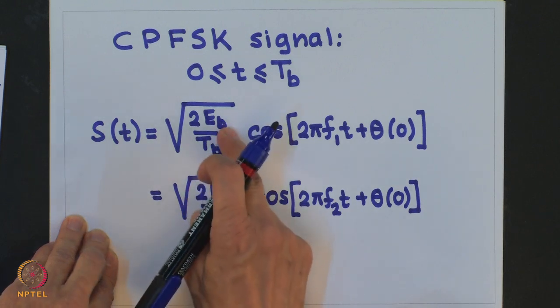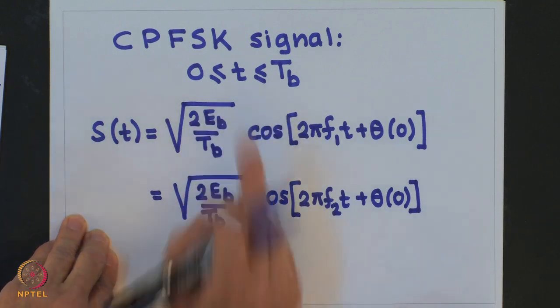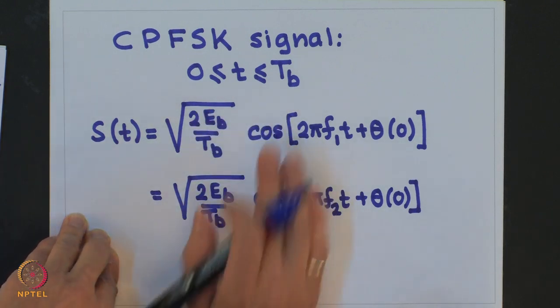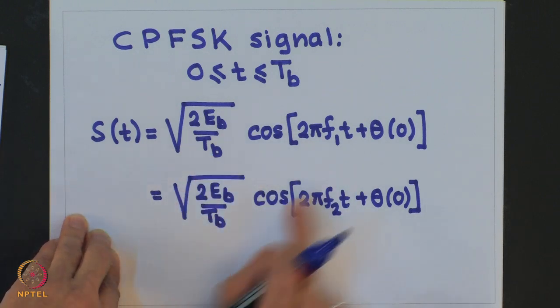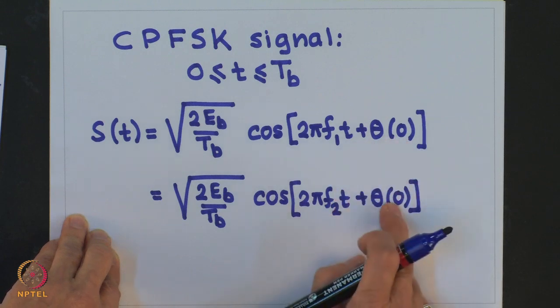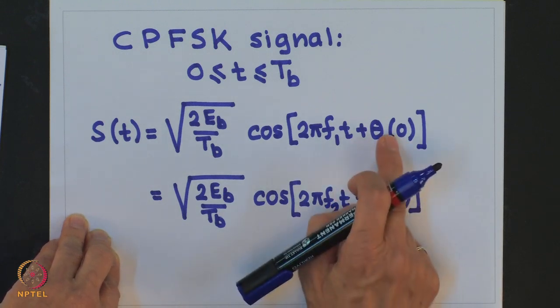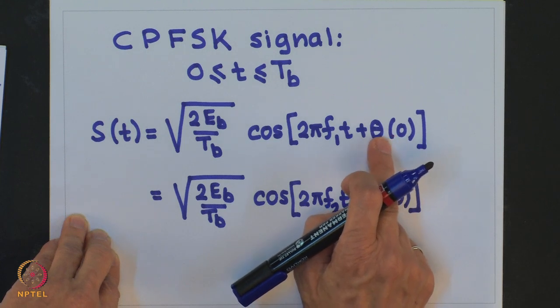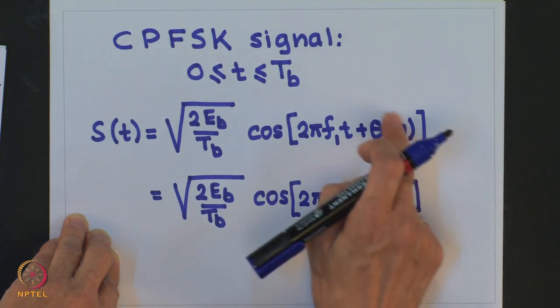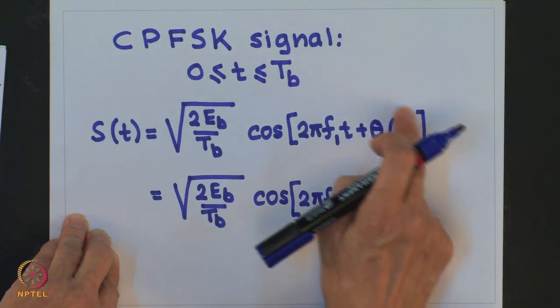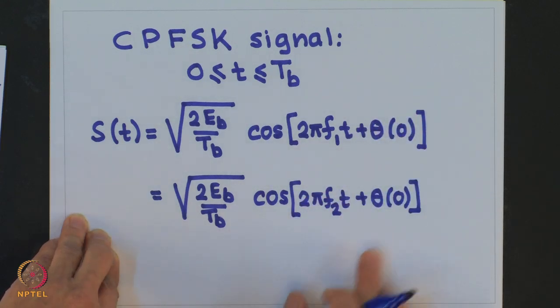Now, Eb out here is the transmitted signal energy per bit, Tb is the bit duration, and theta naught is the value of the phase at time equal to 0. So, theta naught sums up the past history of the modulation process up to time t equal to 0.